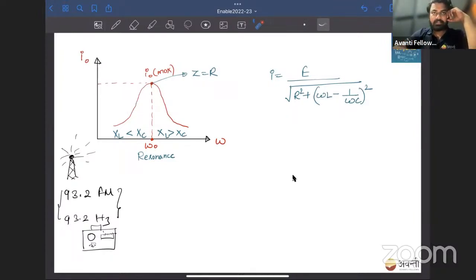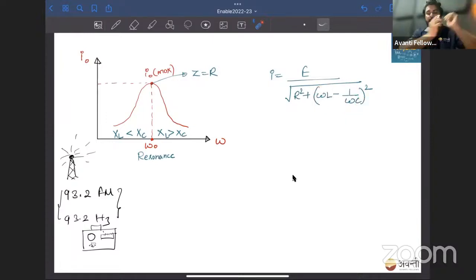Clear? Now, in this, the current will be given by I equals E upon the square root of R square plus (XL minus XC) whole square. If I talk about the frequency, here is the resonant frequency. On resonance condition, XL and XC are equal.